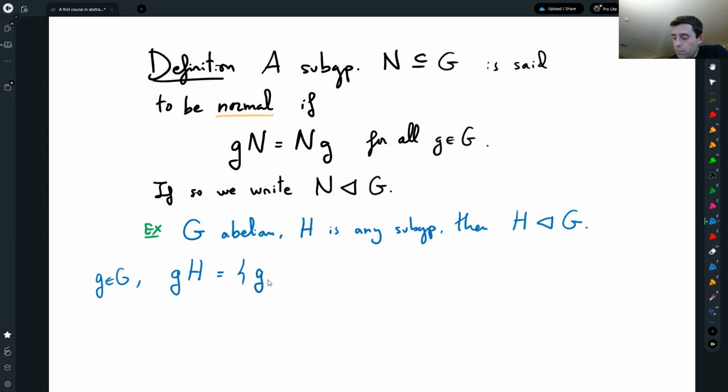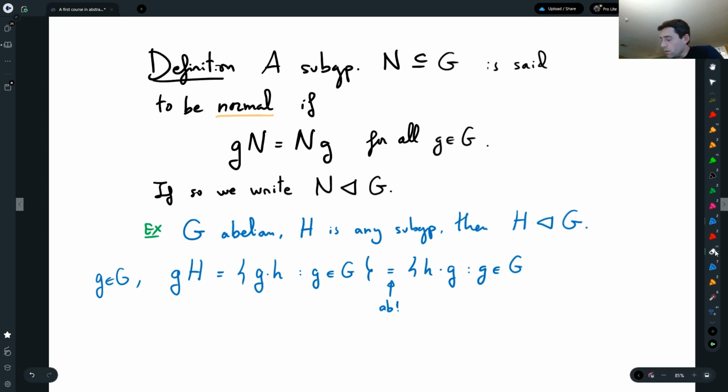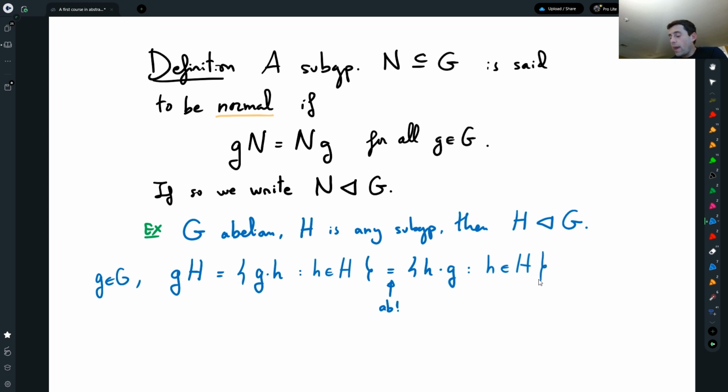Remember, this is all the elements g times h as we run over elements h in H. We fix g, and then we multiply that g by every element in H. Now, because it is abelian, every g times h is h times g, as h runs over elements in H, and that is H times g. So every subgroup of an abelian group is normal.